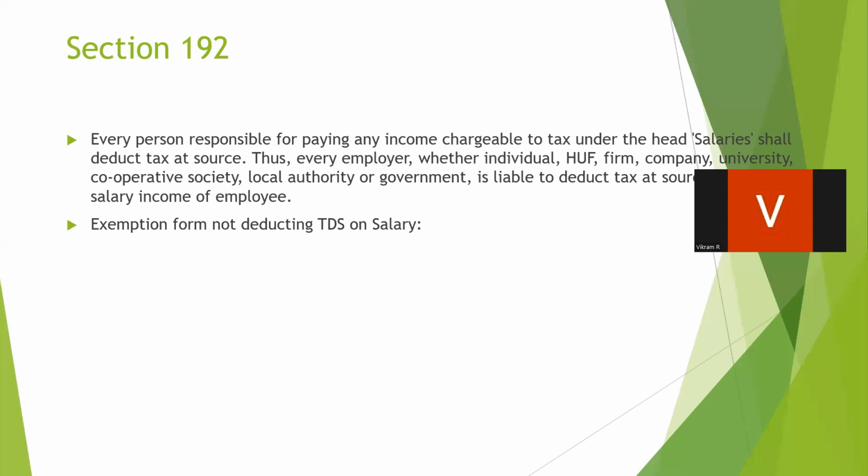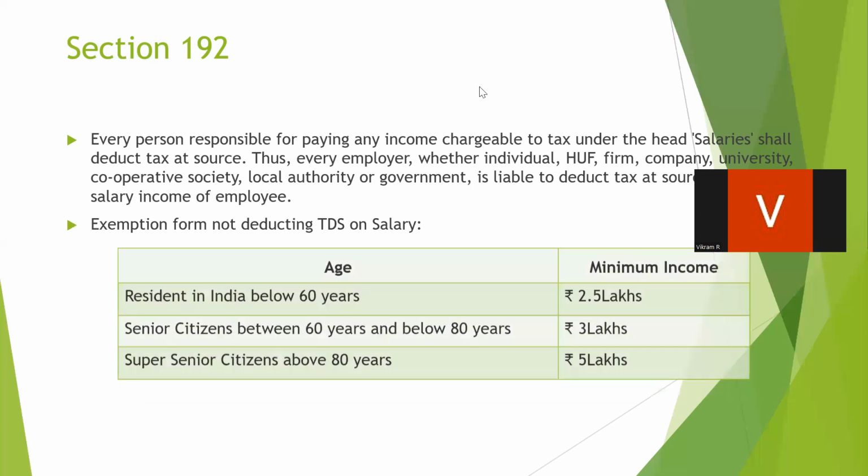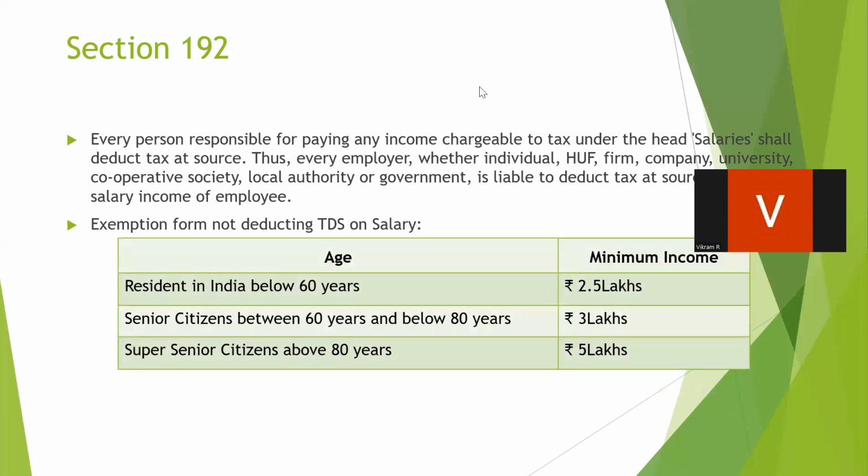Now, the exemption from deducting TDS on salary is based on the slab rates. From 0 to 2.5 lakhs, we don't have any tax, that is 0%. For senior citizens it's 3 lakhs, and for super senior citizens, 5 lakhs.